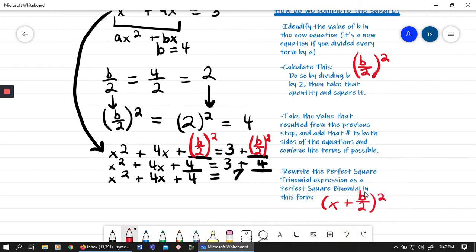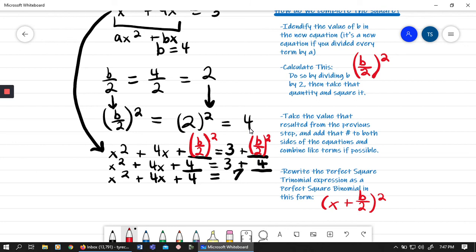I'm asking you to write b divided by 2 here. So when you write it, I'm asking you to write x plus the value for b divided by 2. Remember, b was 4, and 4 divided by 2 gave us 2. So what I'm asking you to write here is x plus 2 for this particular example.